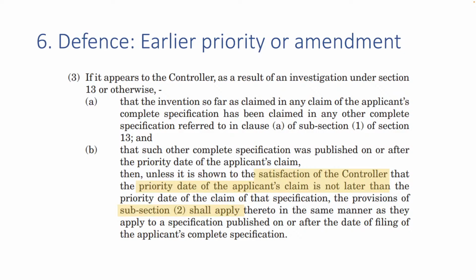You can claim that you have priority. So it refers you back to subsection 2, which is the same two defenses that were open in the case where a reference was made in case of anticipation.